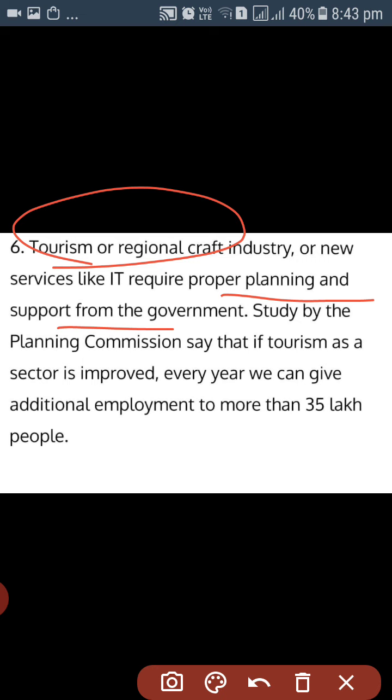The Planning Commission is a committee or a special group of persons that makes plans for the future growth of India. The Planning Commission says that if tourism as a sector improves, only tourism, every year we can have additional employment for more than 35 lakh people. So just imagine how important tourism is.